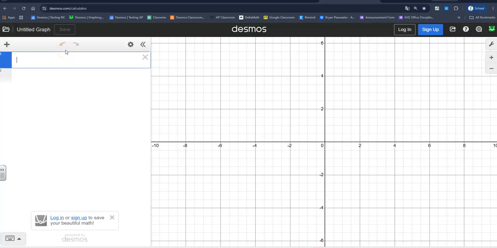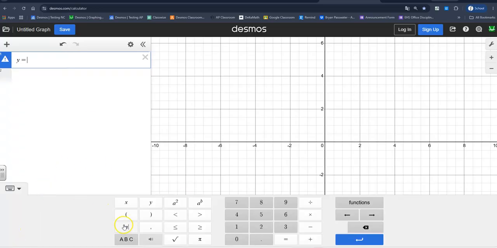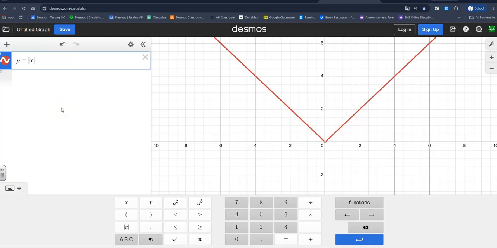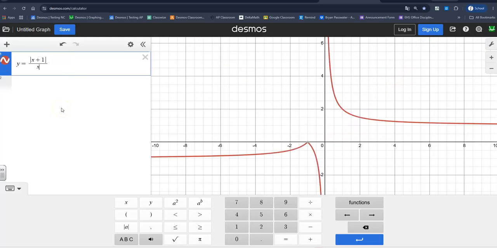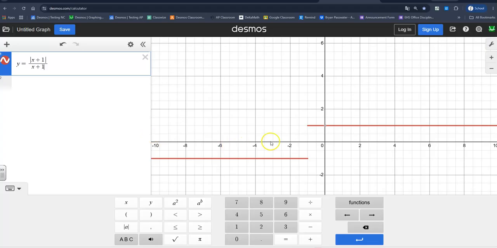So if I graph y equals absolute value of x plus 1 over x plus 1. That is exactly what we have, right? A jump in the graph like that.